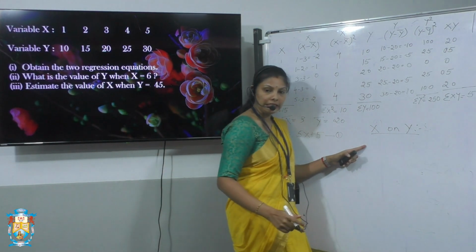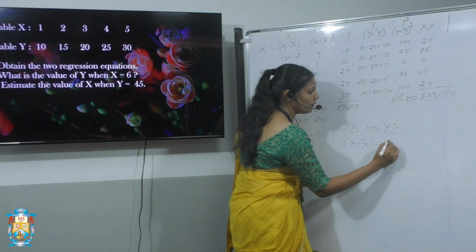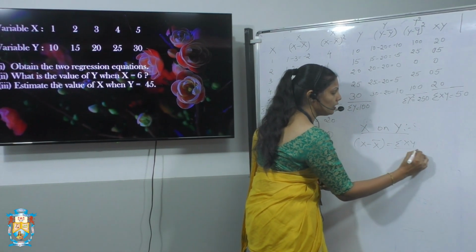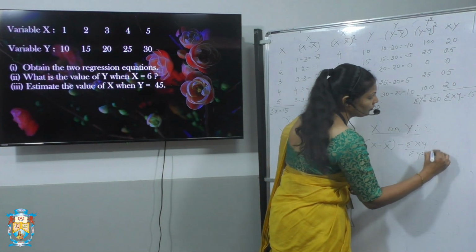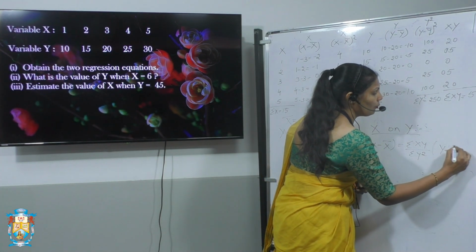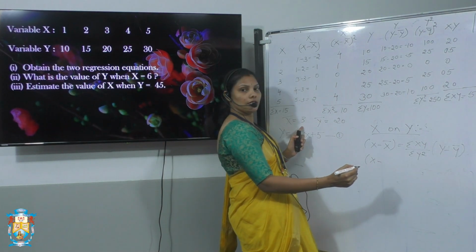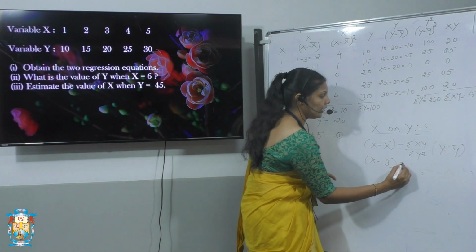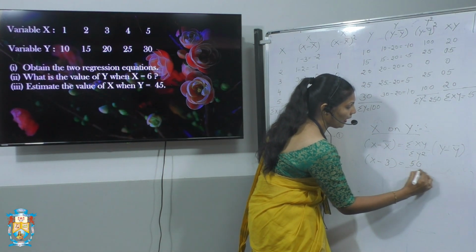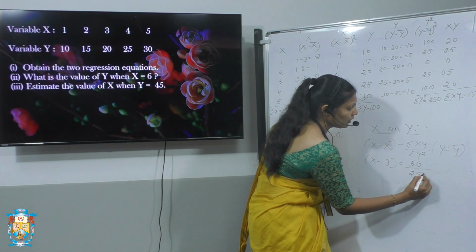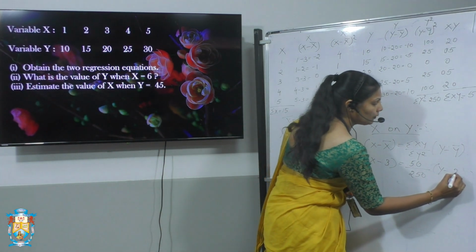So the formula is x minus x bar equals summation xy by summation y square into y minus y bar. Now we know x bar is 3, and summation xy is 50, and summation y square is 250, and y bar is 20.